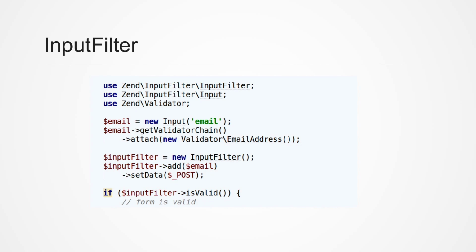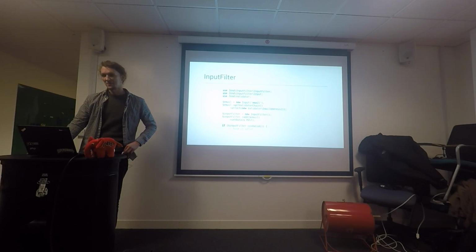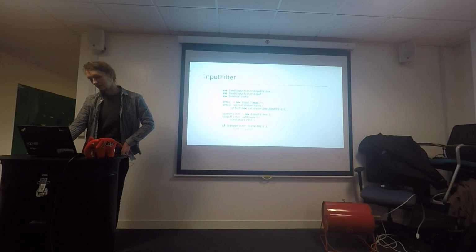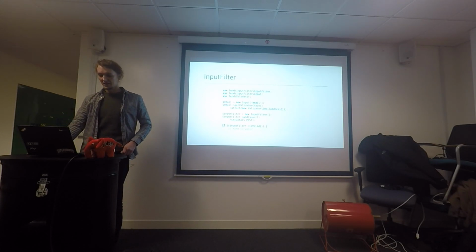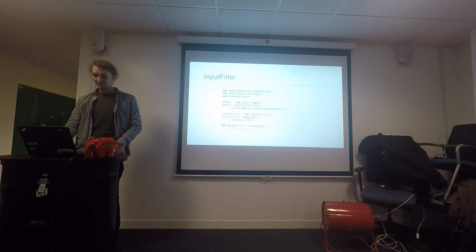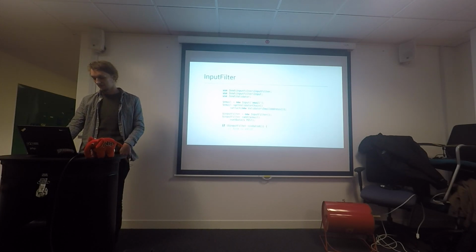It is possible to attach many validators to one element through the validator chain. We may set priorities for those validators as well. So here is an example of just the standalone input filter package used. It's that simple.